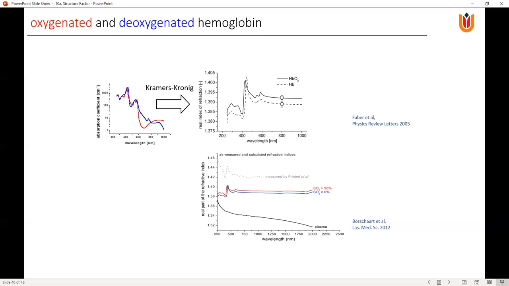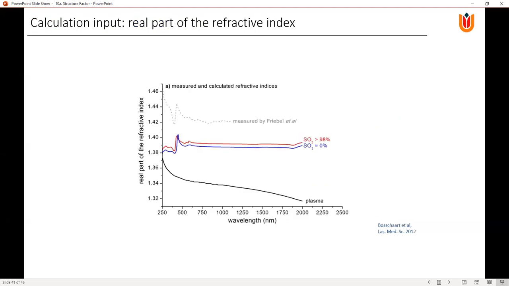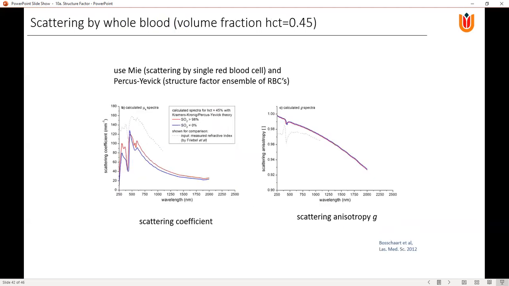I'm not sure if I showed this one as well. It was a little bit newer. It's a little bit higher wavelength. And we can use this as input for, let's say, Mie theory to calculate the scattering coefficient.